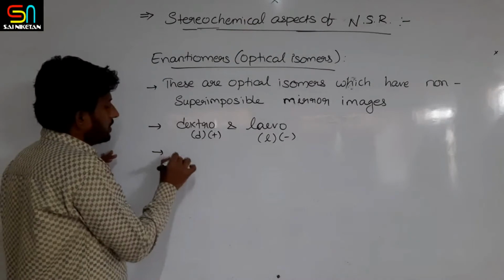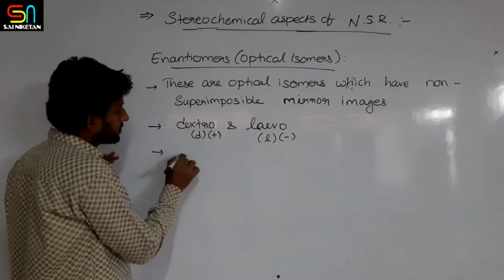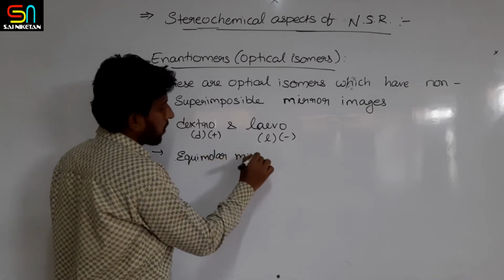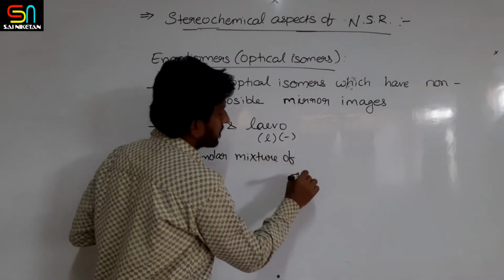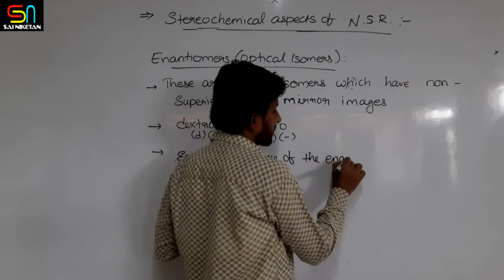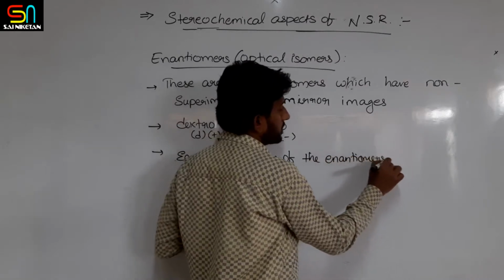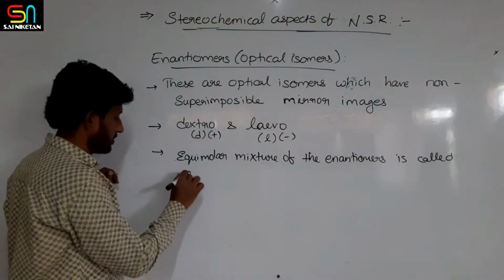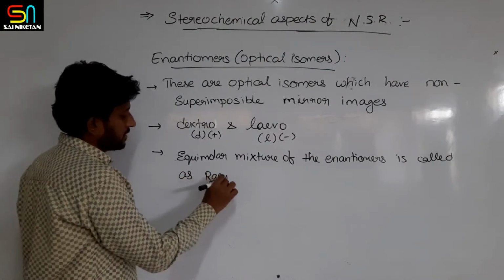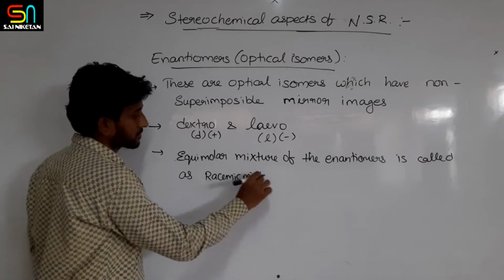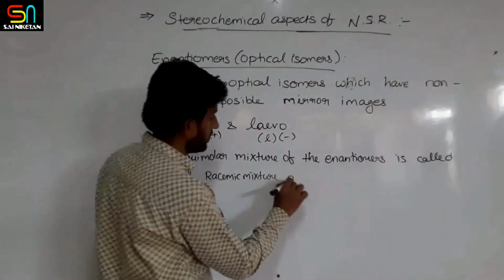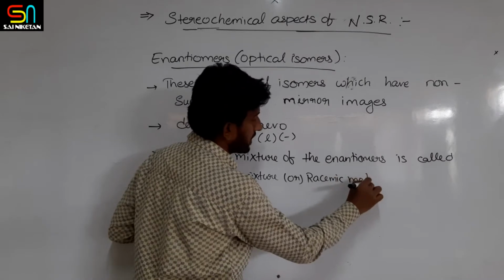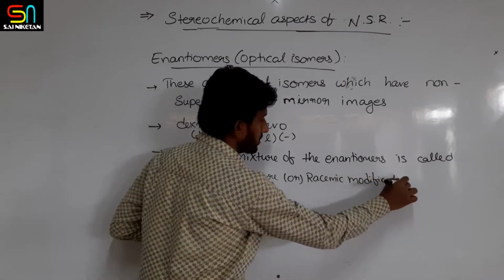Next, an equimolar mixture of the enantiomers is called a racemic mixture, or it is also called racemic modification.